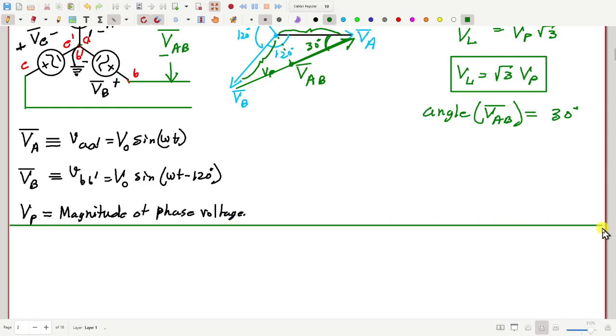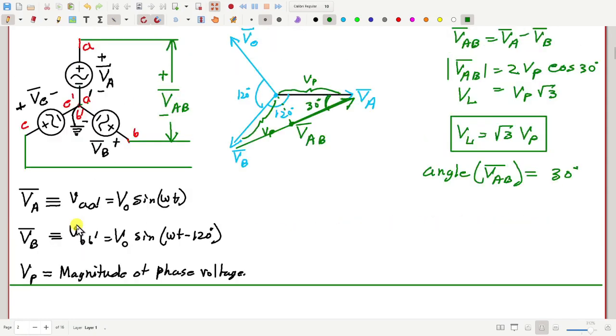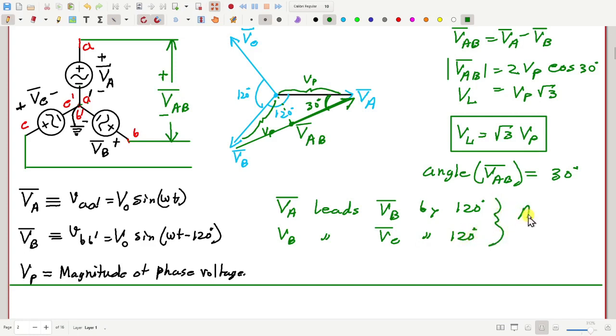One possibility is that, as we have seen here, VA leads VB by 120 degree and VB leads VC by further 120 degree. This is called ABC sequence. A comes first, then B, and then C.